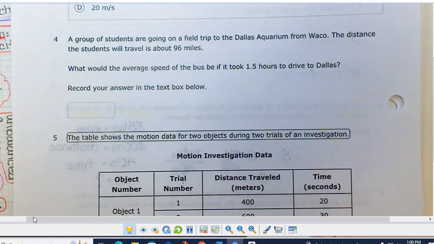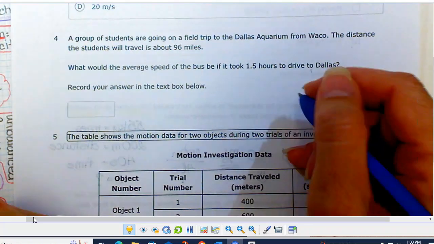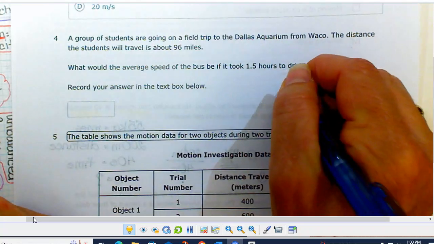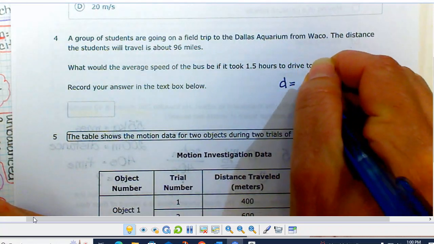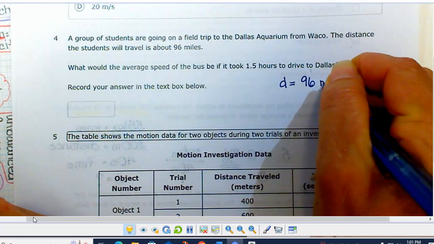Number 4, a group of students are going on a field trip to the Dallas Aquarium from Waco. The distance the students will travel is 96 miles. What would the average speed of the bus be if it took 1.5 hours to drive to Dallas? Okay, so first of all, what do we have? We have a distance, and that is 96 miles.